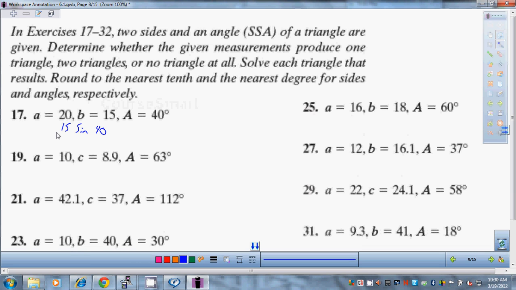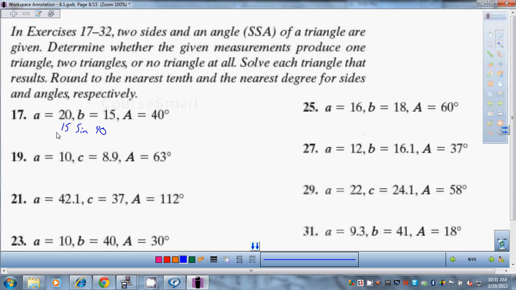9.6? All right. 9.6 represents the shortest possible length that this side can be. If it were exactly 9.6, then that would be a right triangle, one perfect solution, because that's the shortest distance given by B sine A. But it's not.